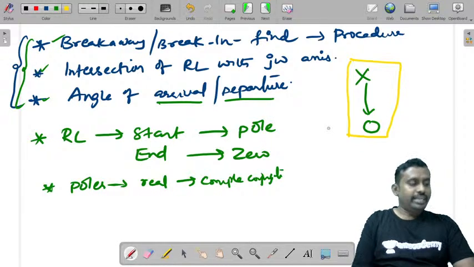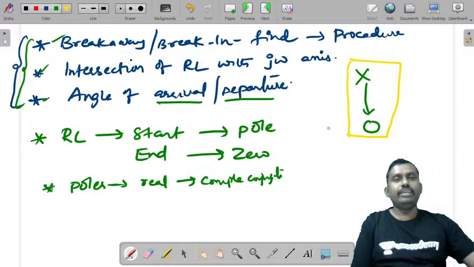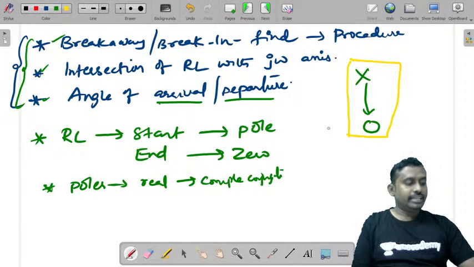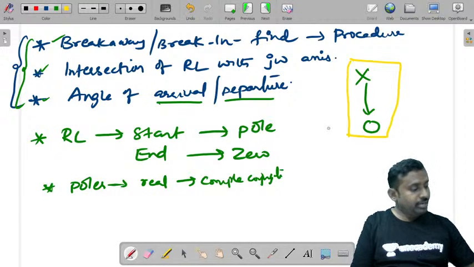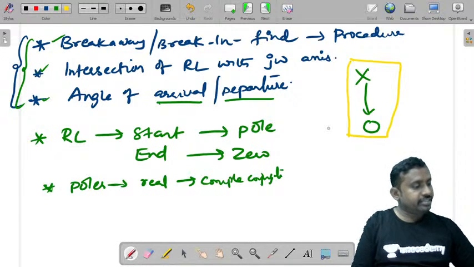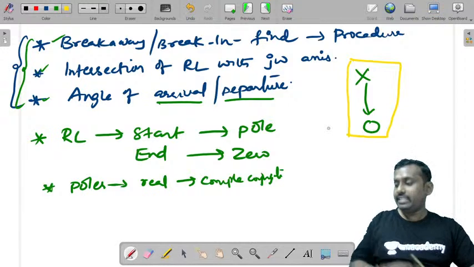Keeping this in mind, we'll take up one problem and also find the magnitude and angle condition, which is very important. Let us take one problem.